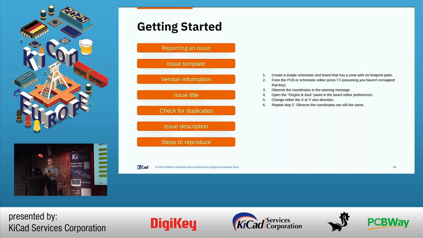Steps to reproduce. They should be short, one-liners, almost like a bullet; think of it as a presentation, one-line bullets. It should be quick and easy, but be precise. Don't say, for example, 'I saved the board and it crashed.' Well, how did you save it?